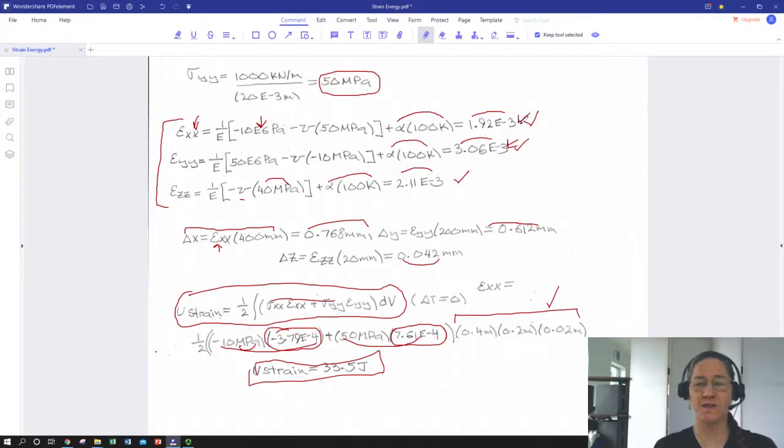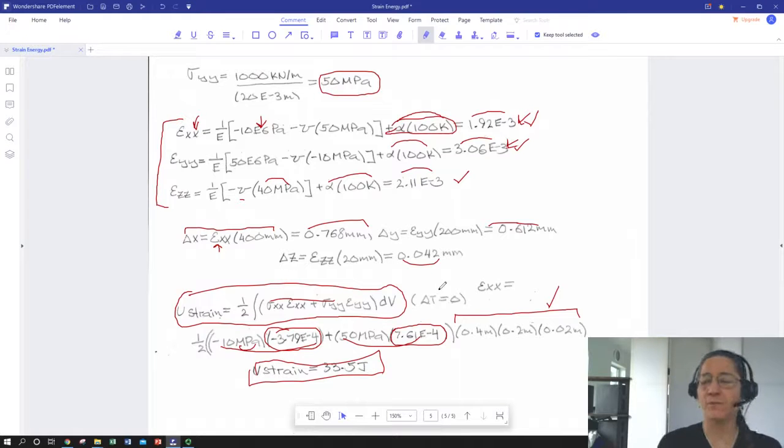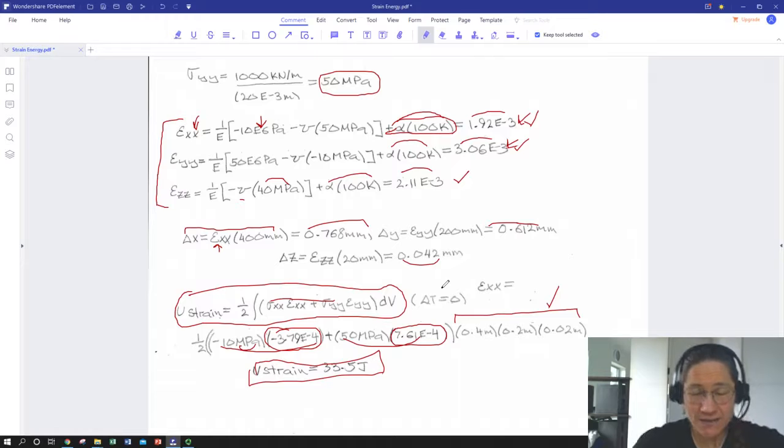So the difference in those two values represents discounting, not including our thermal expansion in that expression, because we were asked for the strain energy independent of thermal expansion. So that brings us to another topic that we're not going to get into in any kind of depth. In general, strain energy is defined without the contribution of thermal expansion.